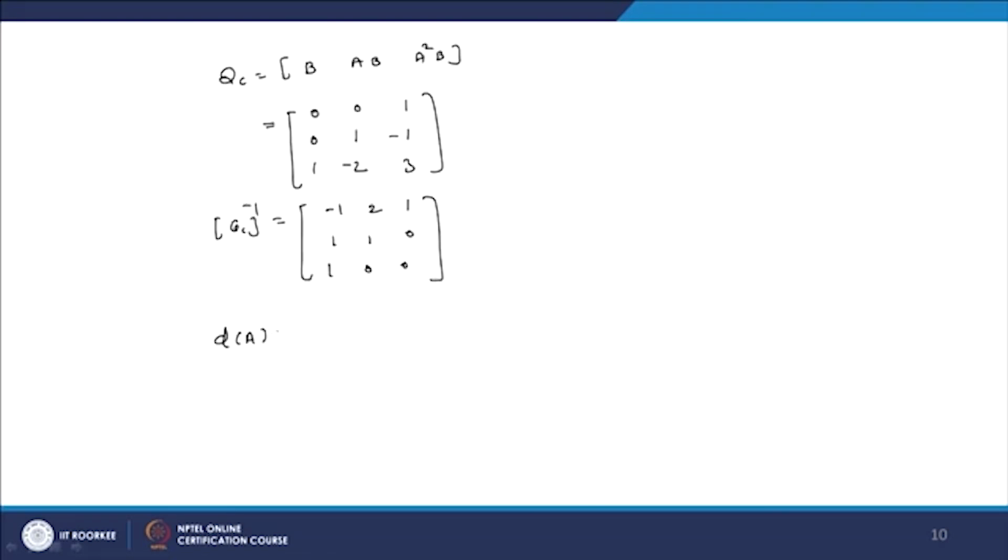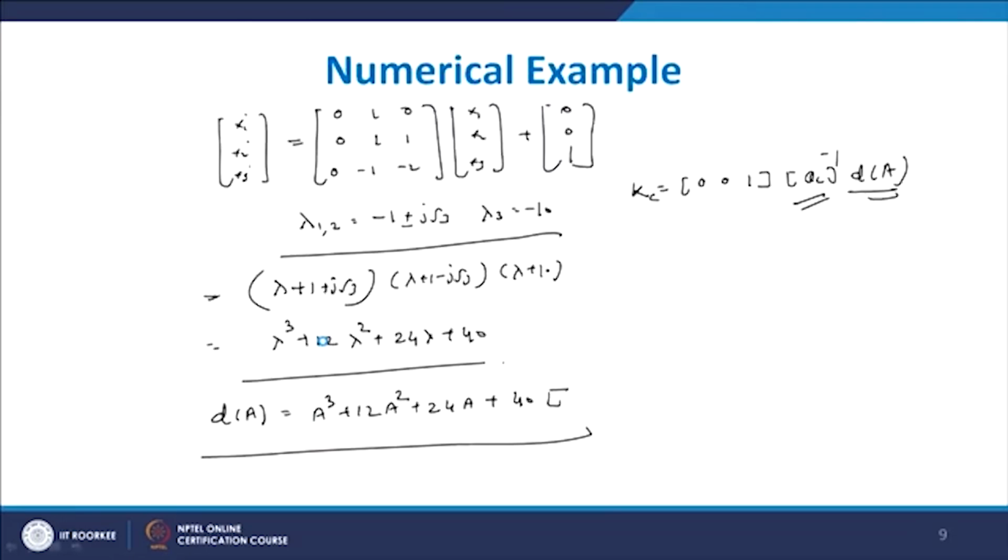This phi of A equals A cube plus 12A square plus 24A plus 40. The desired equation is lambda cube plus 12 lambda square plus 24 lambda plus 40. Now the Cayley-Hamilton theorem says that the matrix has to satisfy its own characteristic equation.